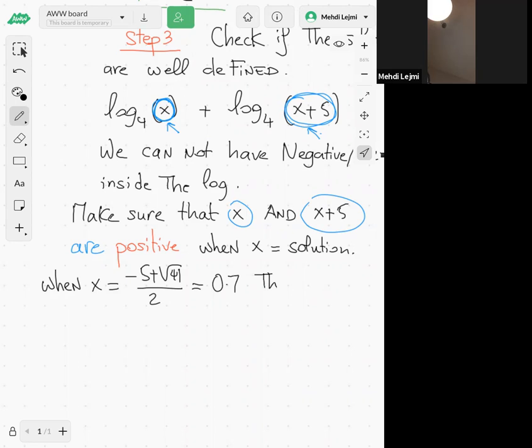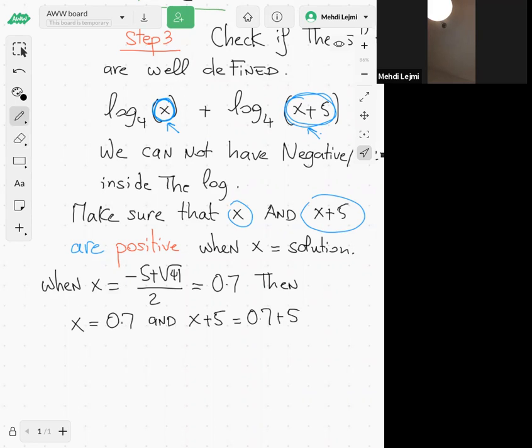Then x is obviously positive, and x plus 5 is also positive. Then x, which is 0.7, and x plus 5, which is 0.7 plus 5.